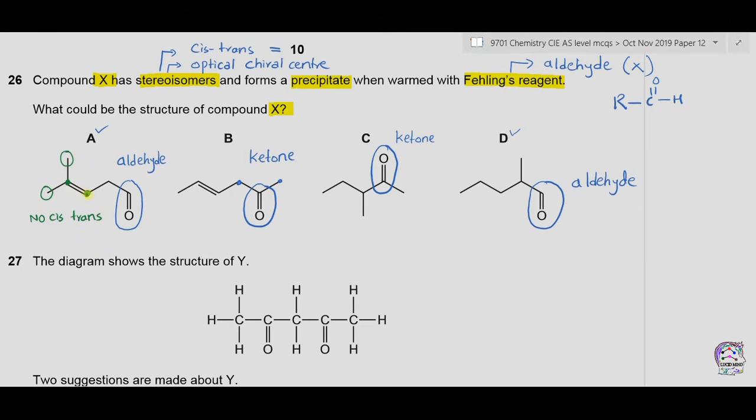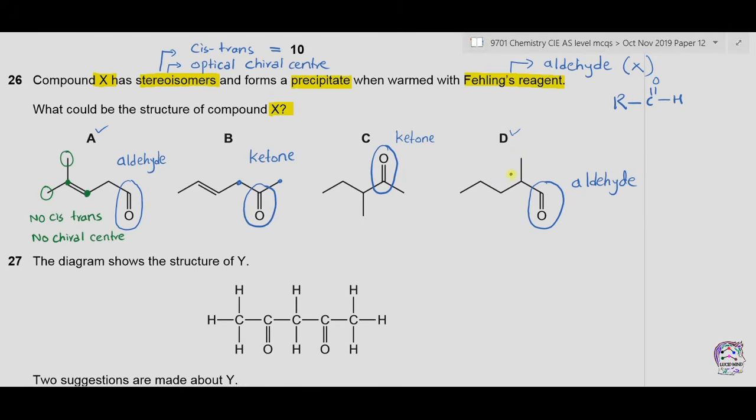Furthermore, we cannot find any carbon atom that is attached to four different groups or elements, so therefore no chiral center is present. So therefore it won't show optical isomerism.